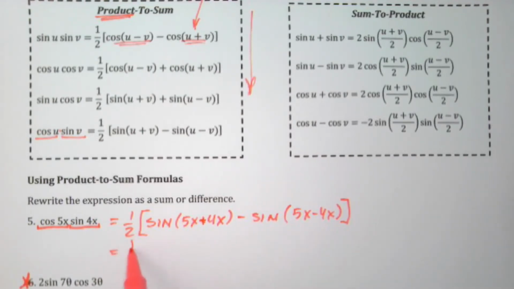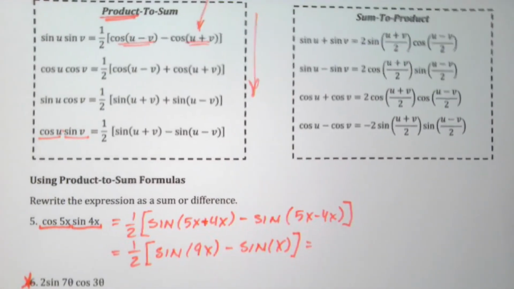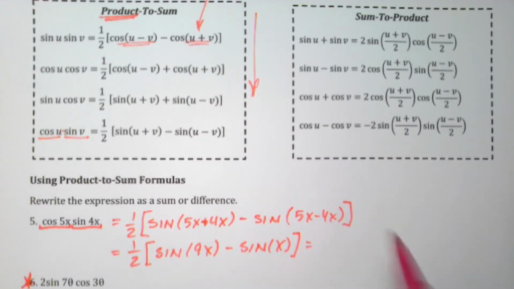Again, we're just working on simplifying this and manipulating it. 5x and 4x, that gives us sine of 9x. And 5x minus 4x, we get sine of just x. And as a final little step, just to separate these two so we can work with them separately, say in the future if we needed to, we just distribute that 1/2.